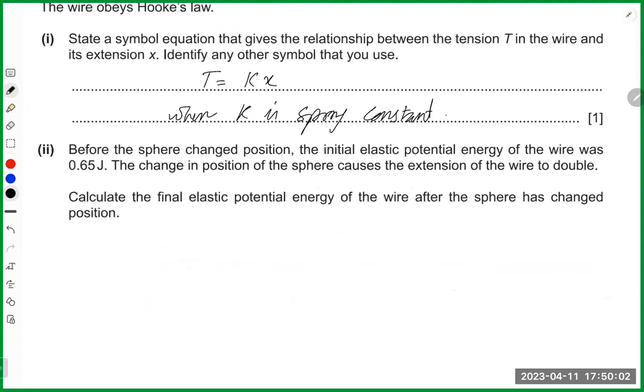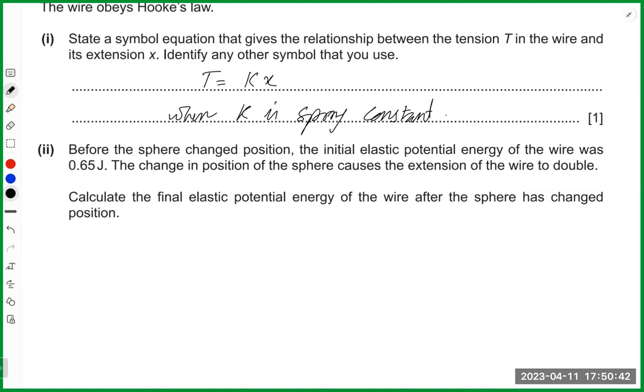Now, before the sphere changes position, the initial elastic potential energy of the wire was 0.64 joule. The change in potential energy of the sphere caused the extension of the wire to double. Calculate the final elastic potential energy of the wire after the sphere has changed position. Now, all you have to do is find the new potential energy after the change.